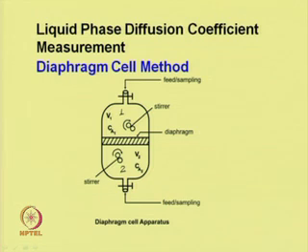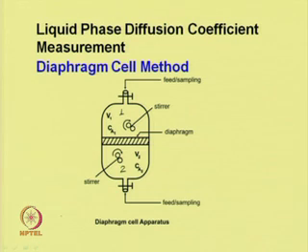After a certain period of time, take the sample from different compartments and analyze, and then from the mole balance we can calculate the diffusivity. The assumption is that one very dilute solution is placed in compartment 1 and relatively lower concentrations are placed in compartment 2, and molecular diffusion takes place through the diaphragm.